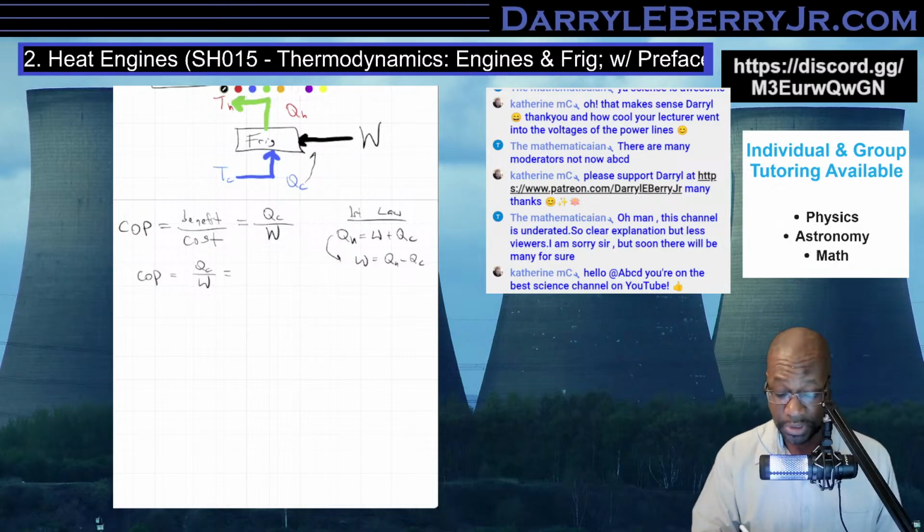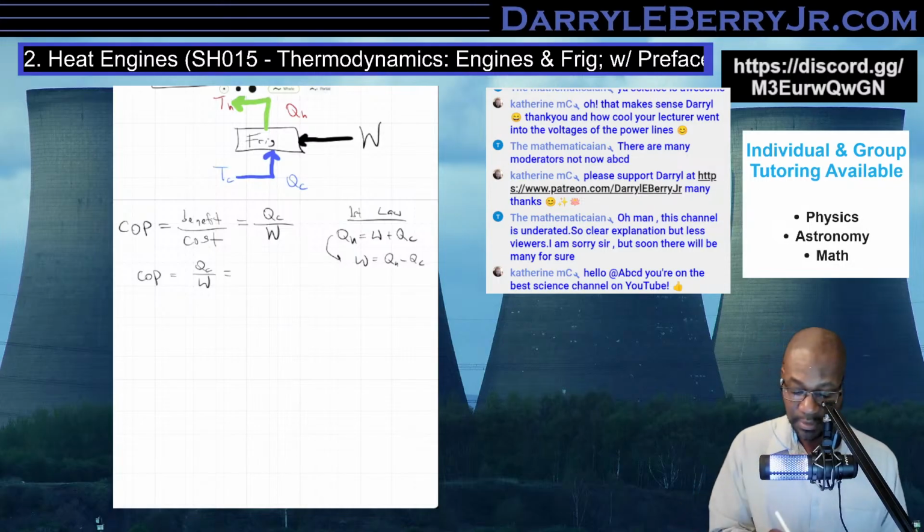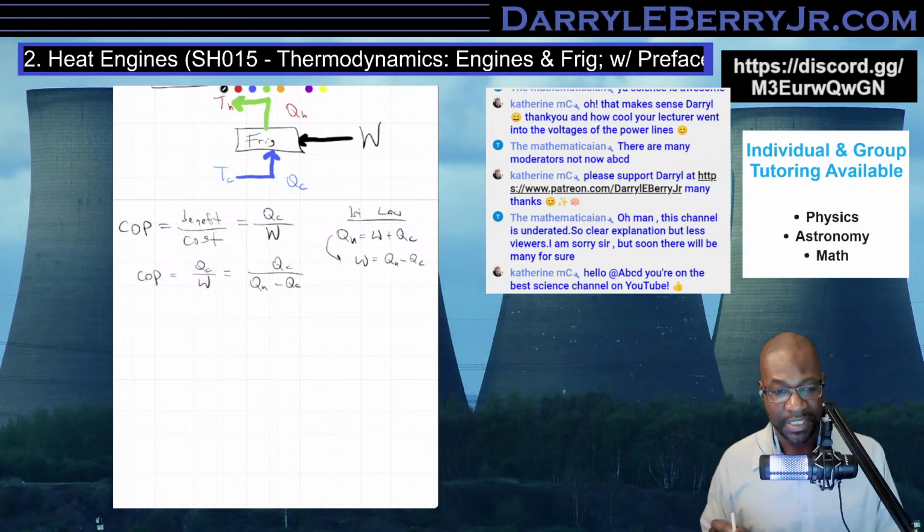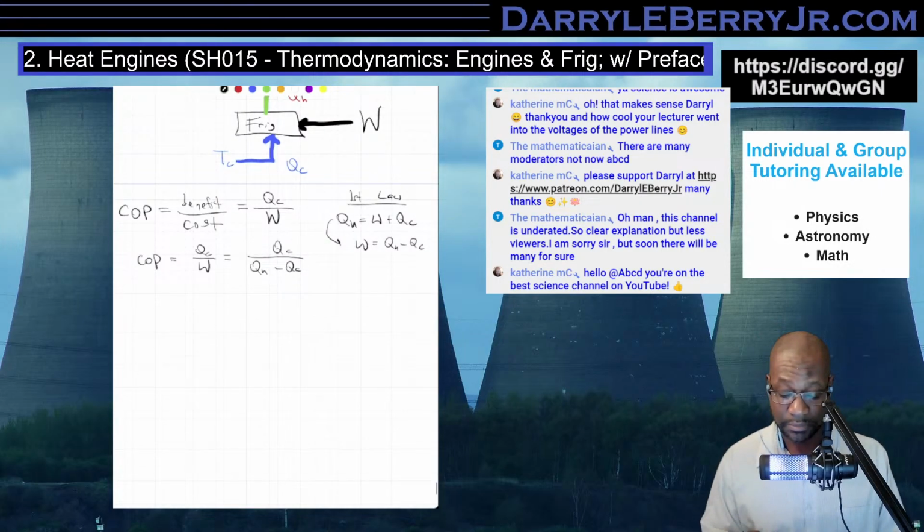It is working to pull energy from the cold and dump it to the hot, right? Oh, and I think I reversed it. Yeah, that was it. QH minus QC. So then we have QC over QH minus QC.